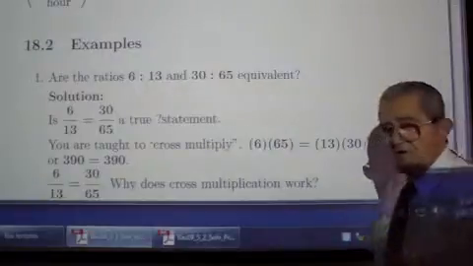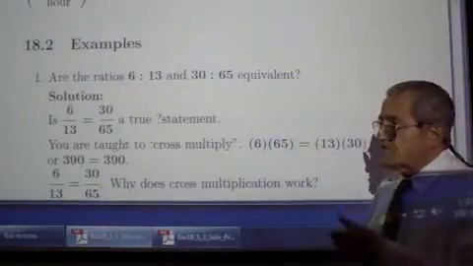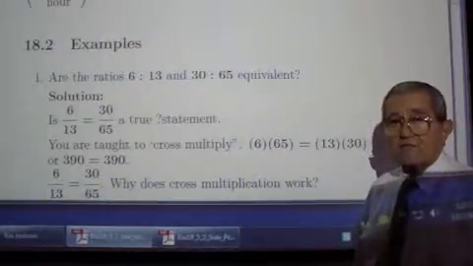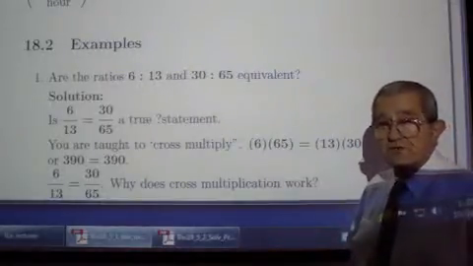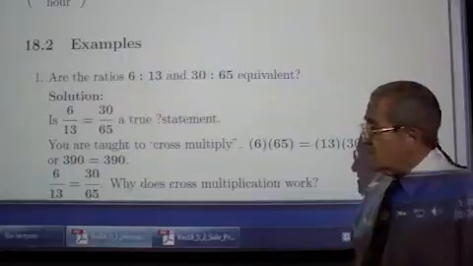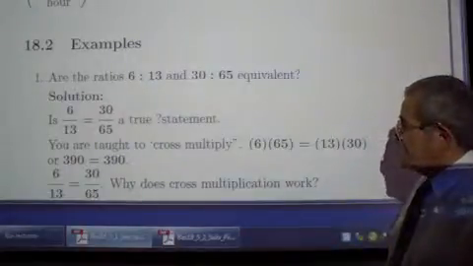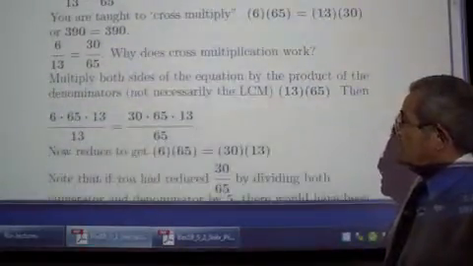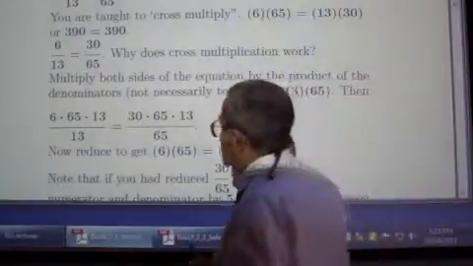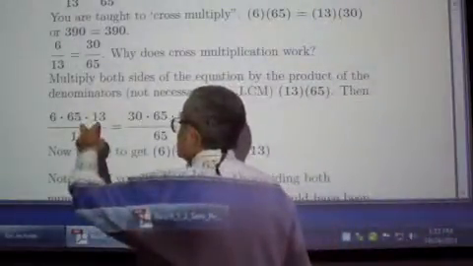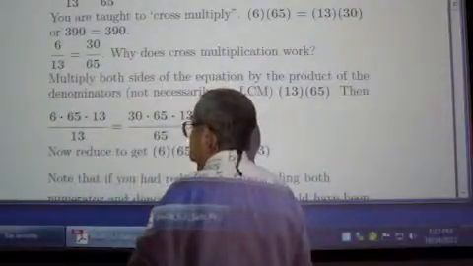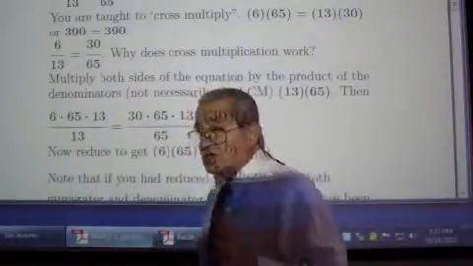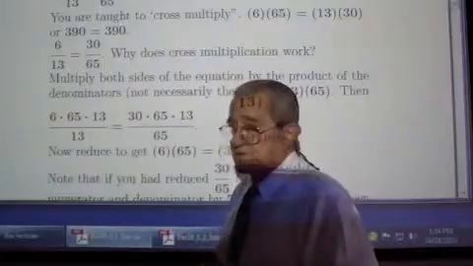Why does cross multiplying work? Somebody tells you cross multiply and you follow blindly? Somebody tells you jump off a bridge and you jump off a bridge? I hope not. Let's see if I can convince you that it works. You had 6 over 13. Multiply by 65 times 13, the product of the denominators, not necessarily the least common denominator, just the product.